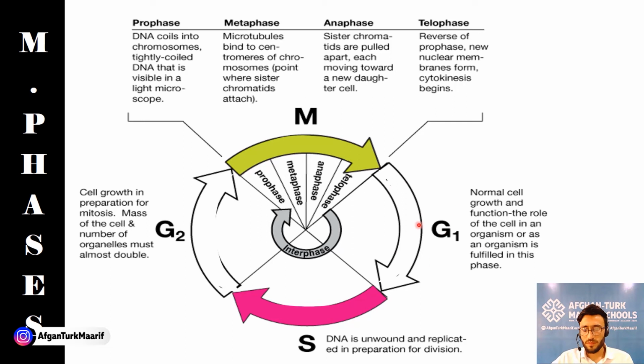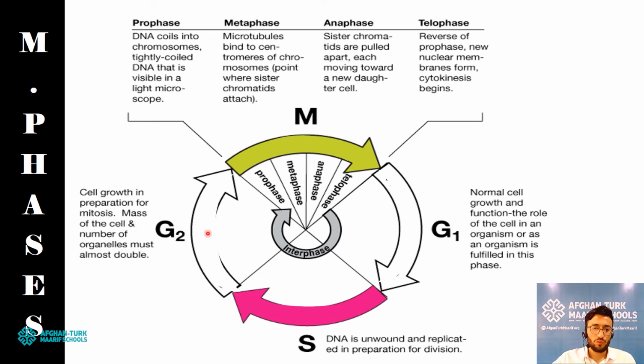Let's start with G1. In the G1 period, the cell is mainly associated with the production or synthesis of important proteins and enzymes, and new organelles are also produced in the G1 phase. In the S phase, or synthesis phase, the major event is that the DNA replicates. The genetic material is doubled, allowing more DNA for a cell to split into daughter cells.